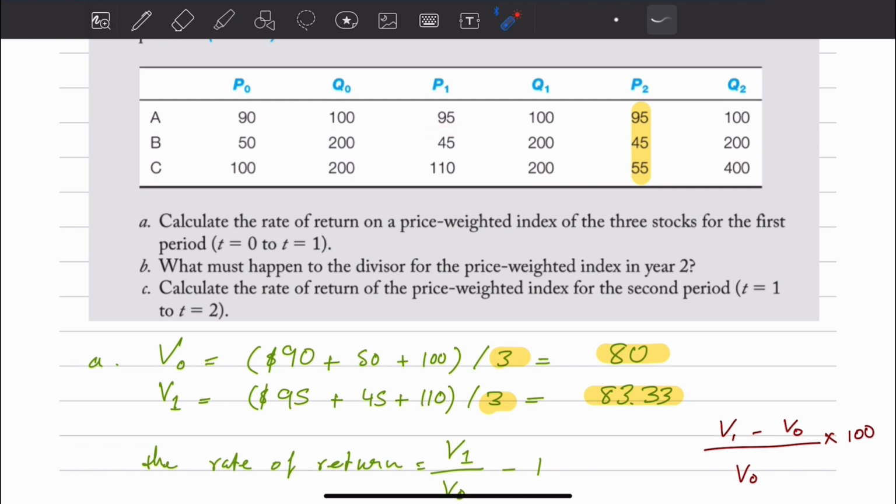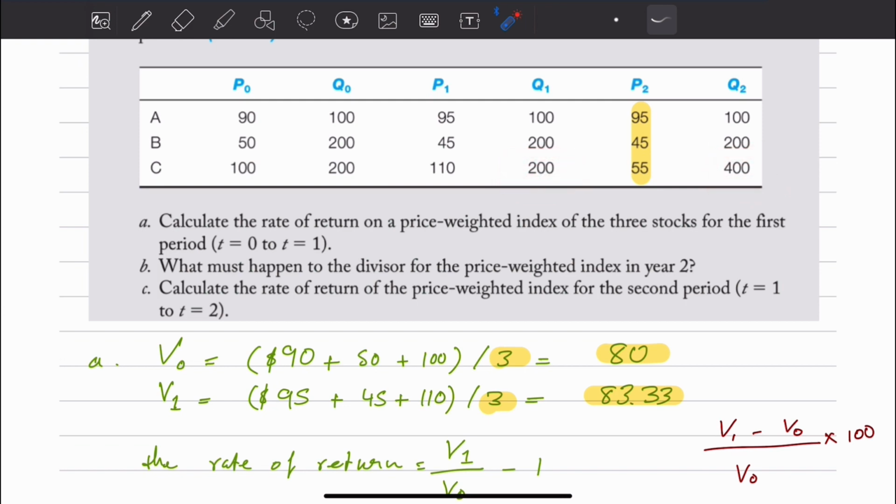The price of stock A was 95, and now it's 95. It's the same. For stock B, it was 45, and it remained 45. The only thing that happened is that stock C was 110, and the price was cut in half to 55, as the number of shares outstanding was doubled at the same time.